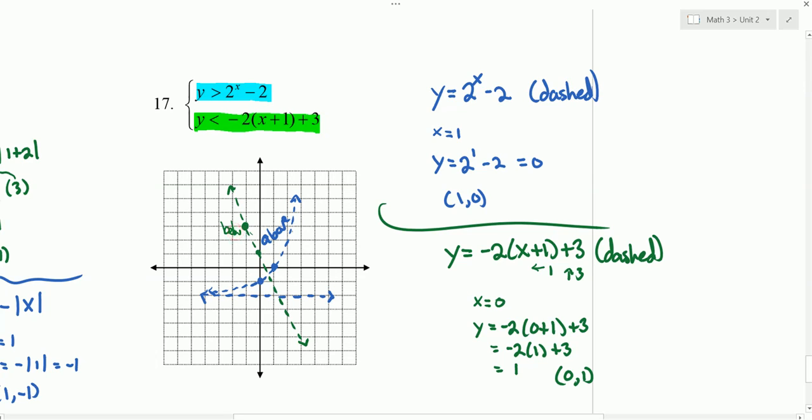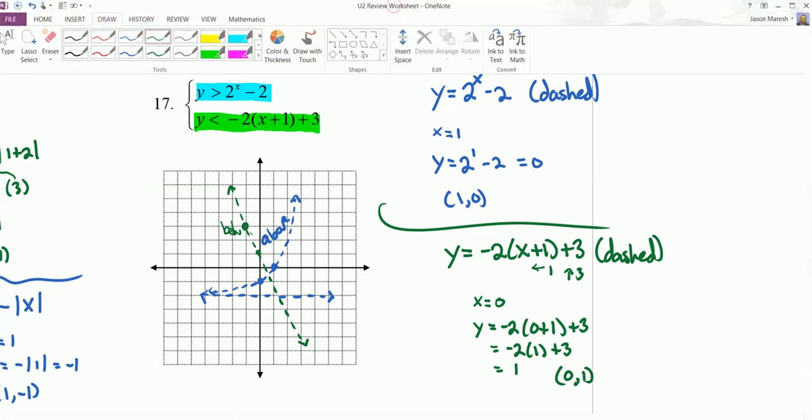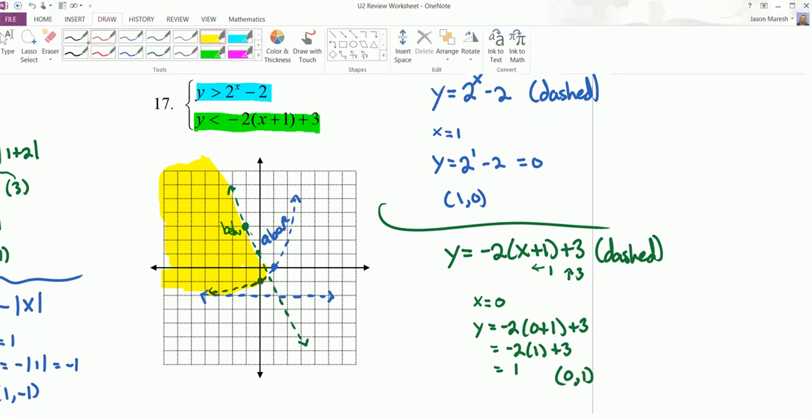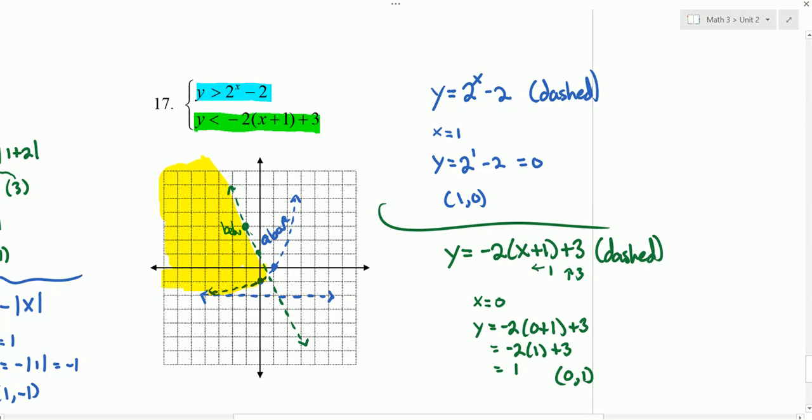Okay, so it's got to be above the blue, below the green. Where does that end up being? So that's above the blue, but below the green, right in here. Okay, and for a solution, anything in that shaded region works, but it's not going to be on any of the graphs because those are dashed.